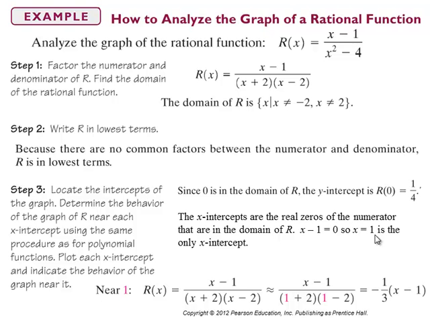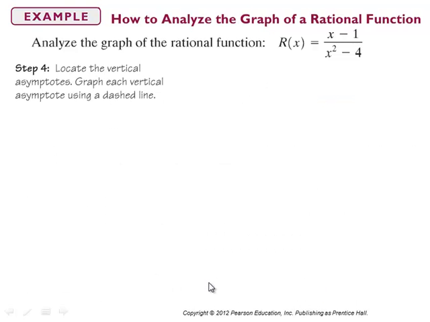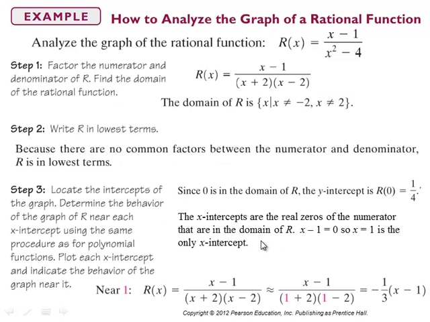Now, remember what we did in section 5.1 in analyzing the behavior of the graph near an x-intercept? What you do is take that 0 value, which in this case is 1, and then replace x everywhere else except in the factor where that produced that 0, and then see what you get.